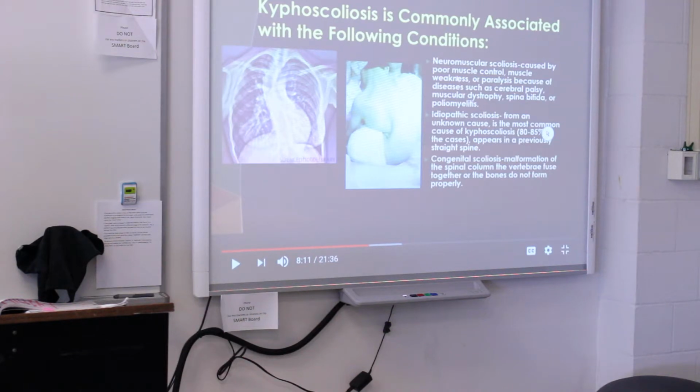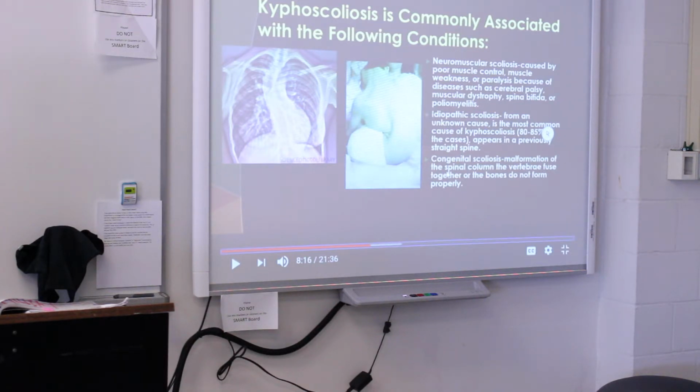So this says neuromuscular scoliosis caused by poor muscle control, muscle weakness, or paralysis such as cerebral palsy, muscular dystrophy, spina bifida, or polio myelitis. Idiopathic scoliosis from an unknown cause, the most common is kyphoscoliosis, and congenital scoliosis, a malformation of the spinal column, the vertebrae fuse together or the bones do not form properly.